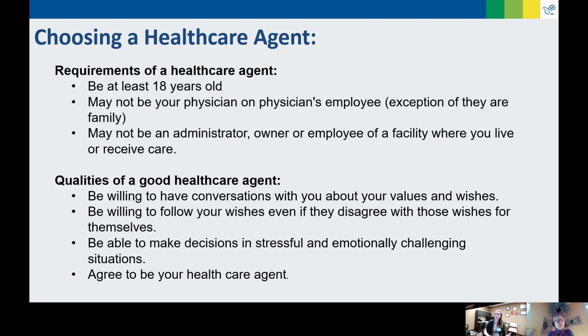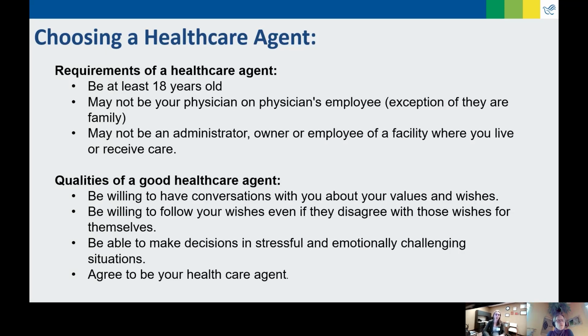And then they have to agree to be your healthcare agent. Unfortunately, we see situations where someone has filled out a power of attorney for healthcare form and named a healthcare agent, and they haven't let the person know that they named them as their agent. And so, as you can imagine, those are pretty rough phone calls to make. "Hi, I have Sally Sue here, and you're named as their healthcare agent on the document that we have in their chart, and we need you to make some medical decisions," and that person had no idea.